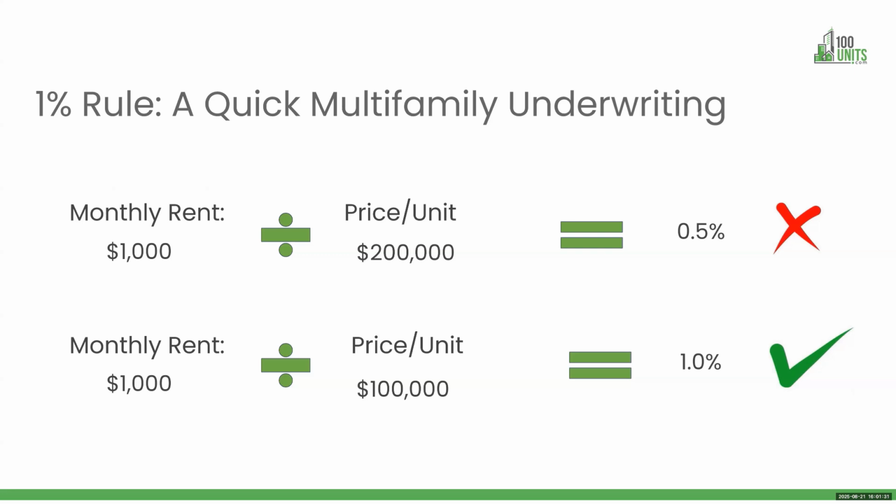First thing, how much can I rent this thing for? How much does it cost per unit? Gets you right in the door, takes you under 3 minutes to calculate that. And that gets you in the ballpark real fast as far as, hey, is this crazy overpriced, like if we were buying this thing in Manhattan, or is this something closer to a reasonable return that I can actually make some money on?